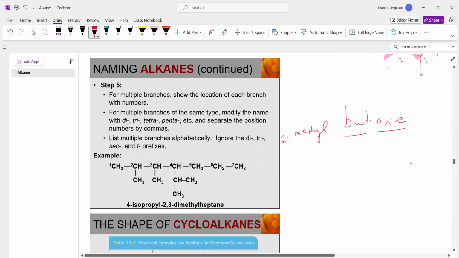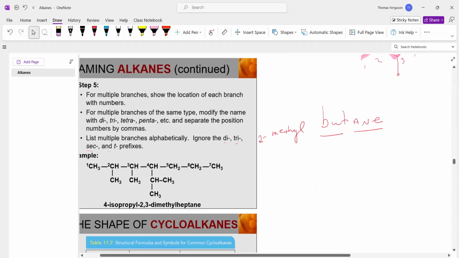If there's more than one, you have to name how many there are using di, tri, tetra, penta, etc. And when you put the branches down in the first part of the name, you put them in alphabetical order, and you ignore the di, tri, sec, t, except for iso. Okay, so let's do this with a line drawing here.